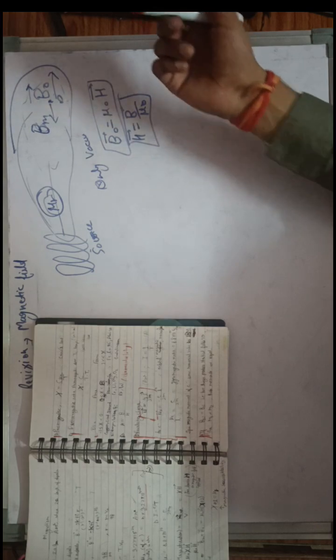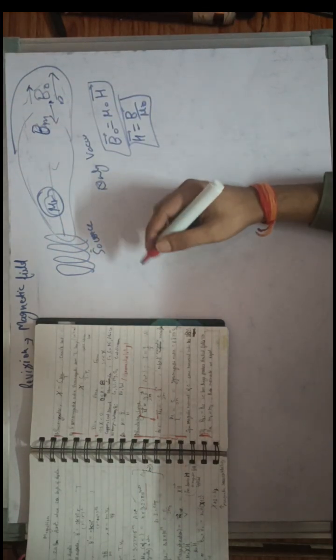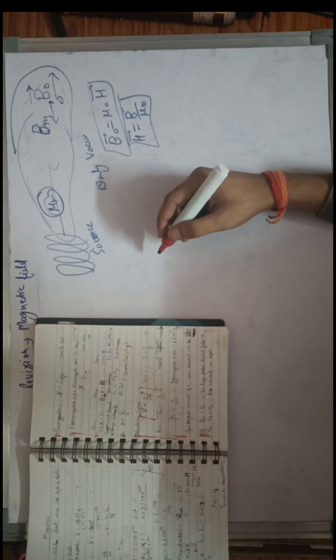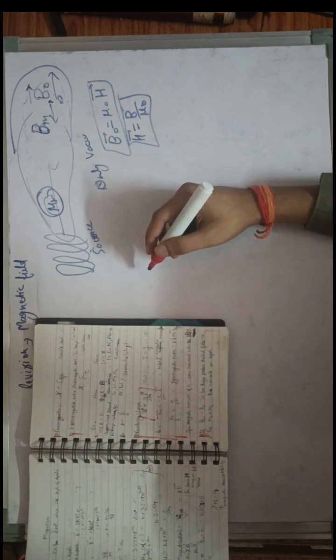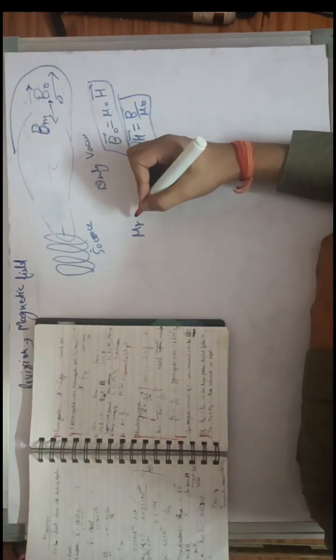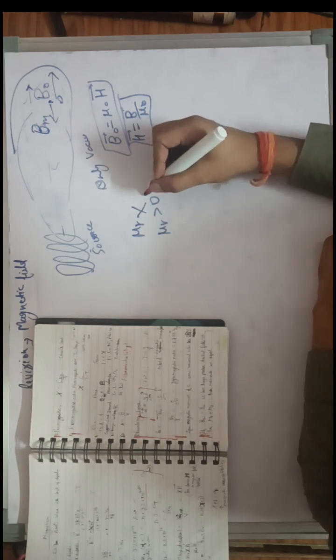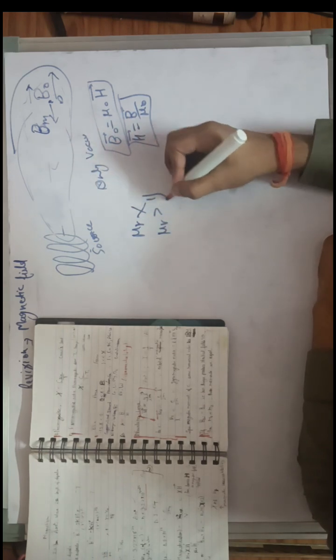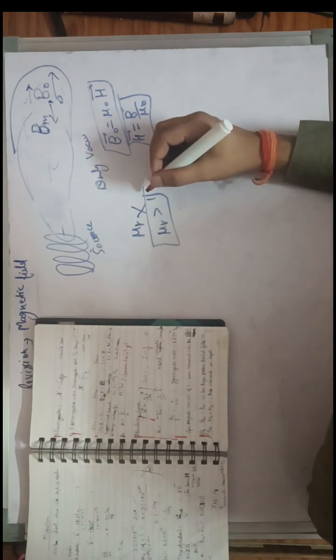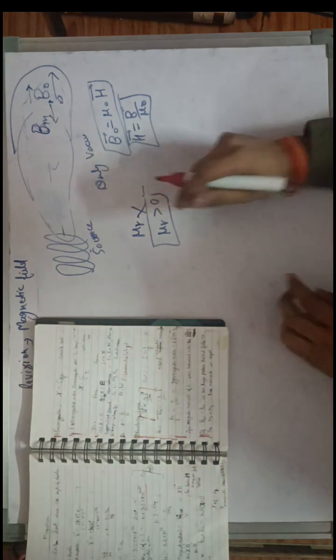So in this case, mu r is never negative. Mu r is always greater than 0. Right or not? Or 0, maybe. Okay, I have to check it once. Just 1 minute.